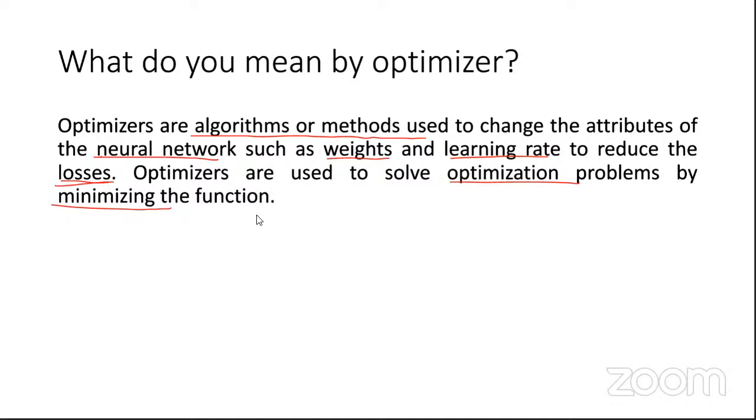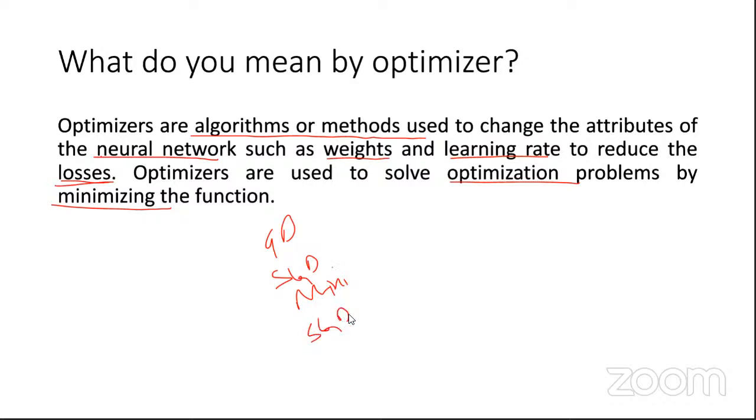We have so many optimizers. We have seen optimizers earlier, like gradient descent, stochastic gradient descent, mini batch stochastic gradient descent, and SGD with momentum.